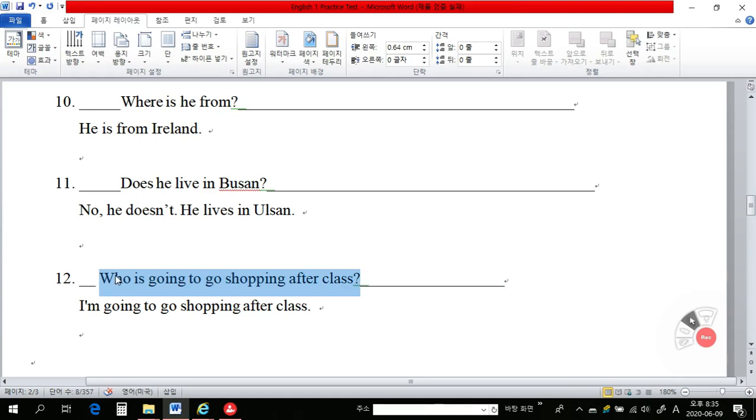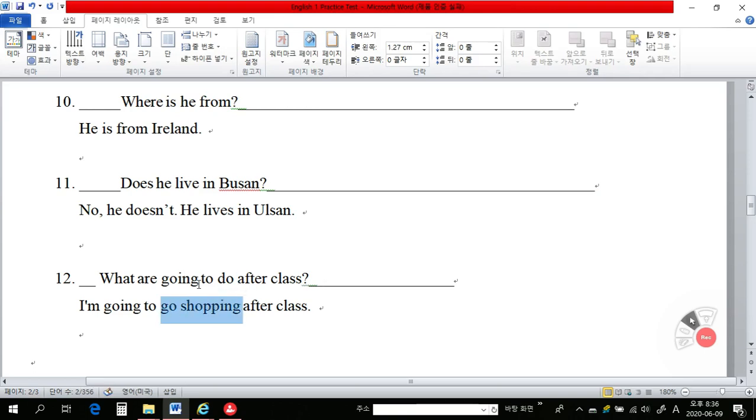But I think the best, to me, and I think most of your professors, what are you going to do? So there's more than one answer, but this is probably the one they're looking for. We're focusing on the key activity here. So many answers. I think this is the best, and I think any answer should be okay.